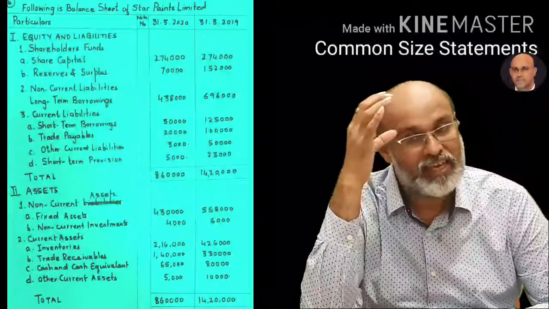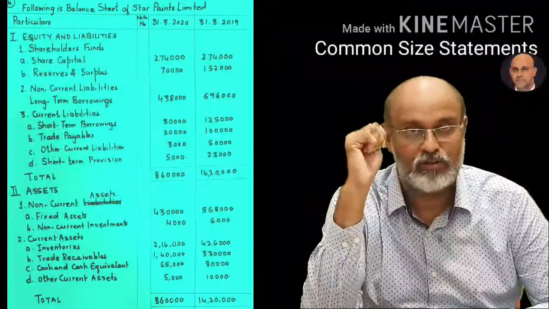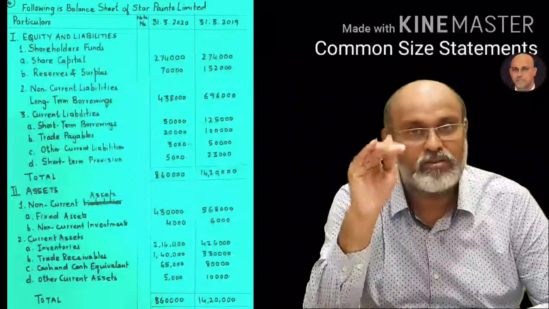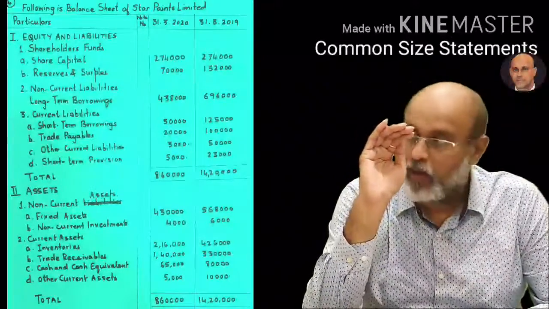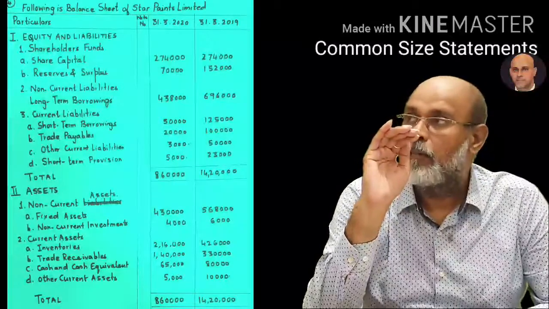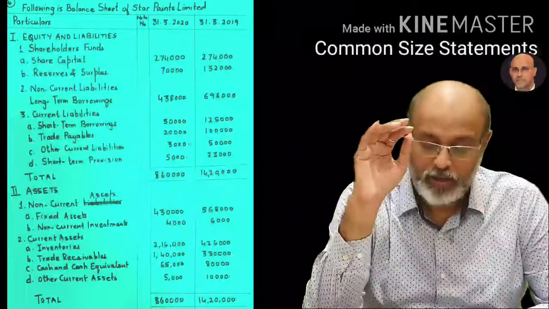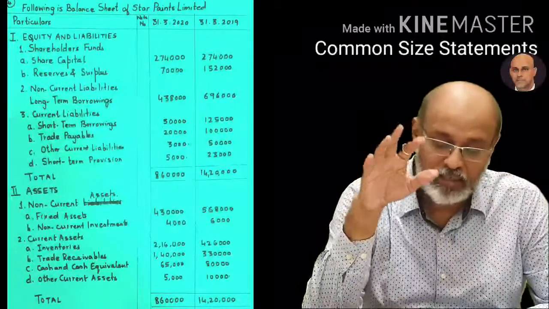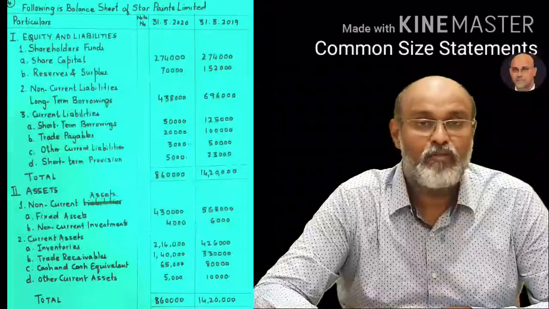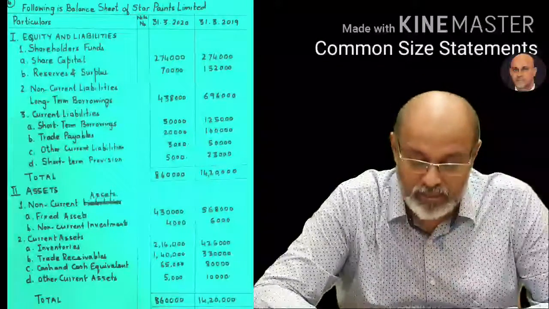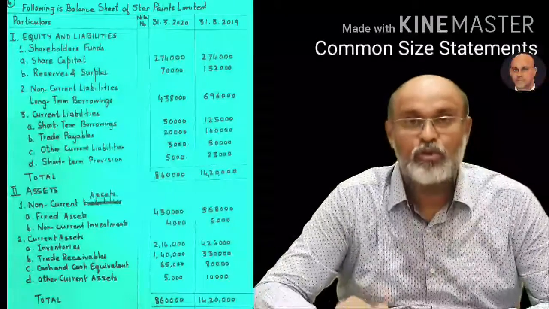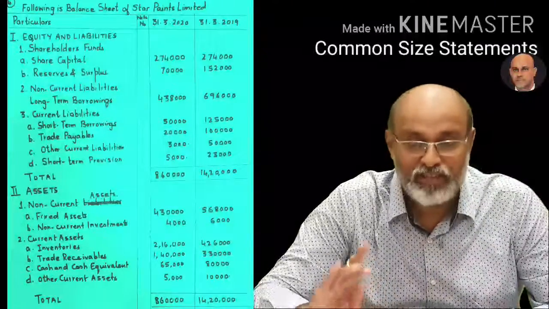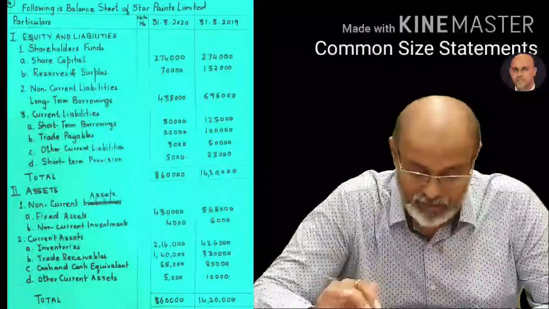Then you have cash and cash equivalent, which is 65,000. So 65,000 divided by 8,60,000 multiplied by 100 is 7.56%.